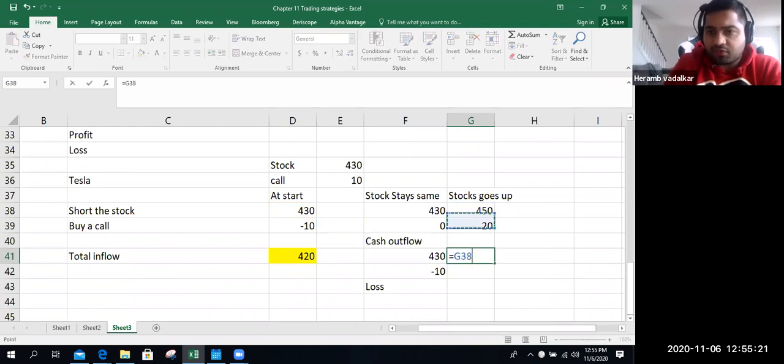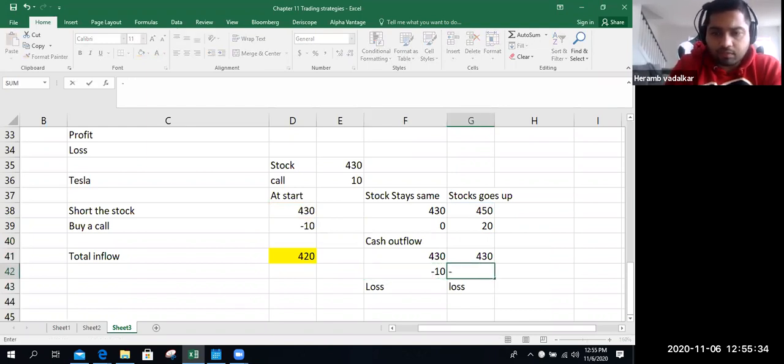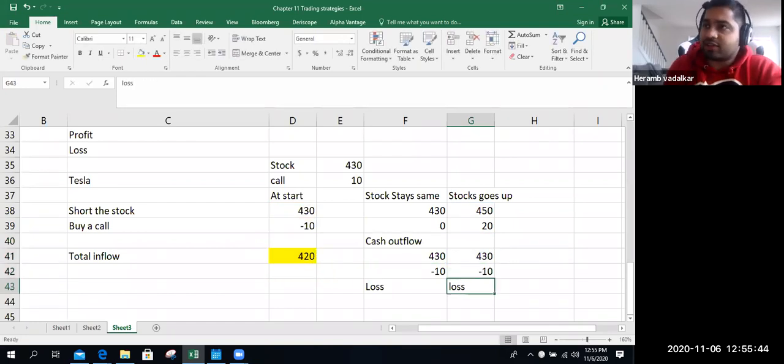So the total cash outflow is 430. Again, you will have a loss: 430 outflow, 420 inflow. So a $10 loss.